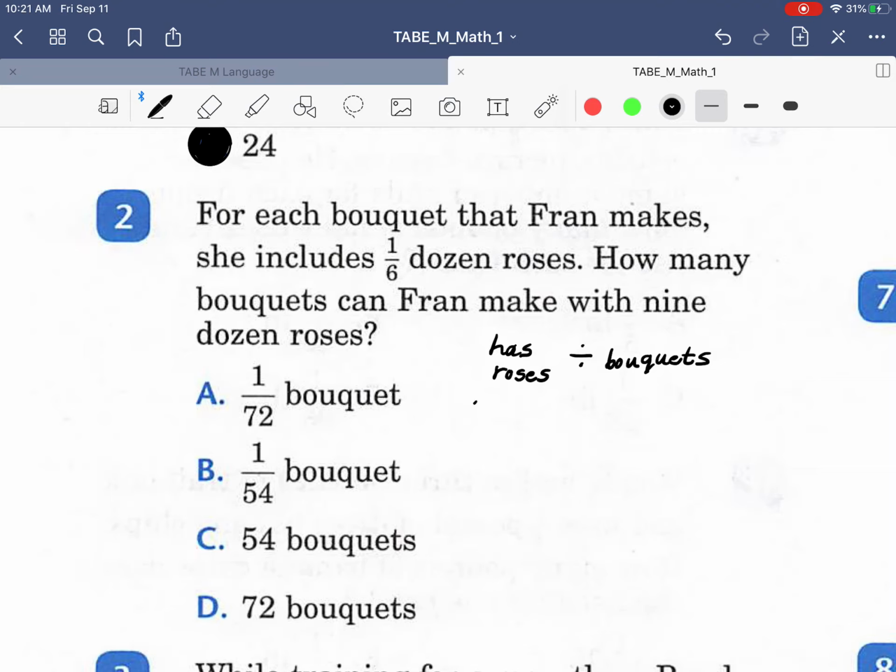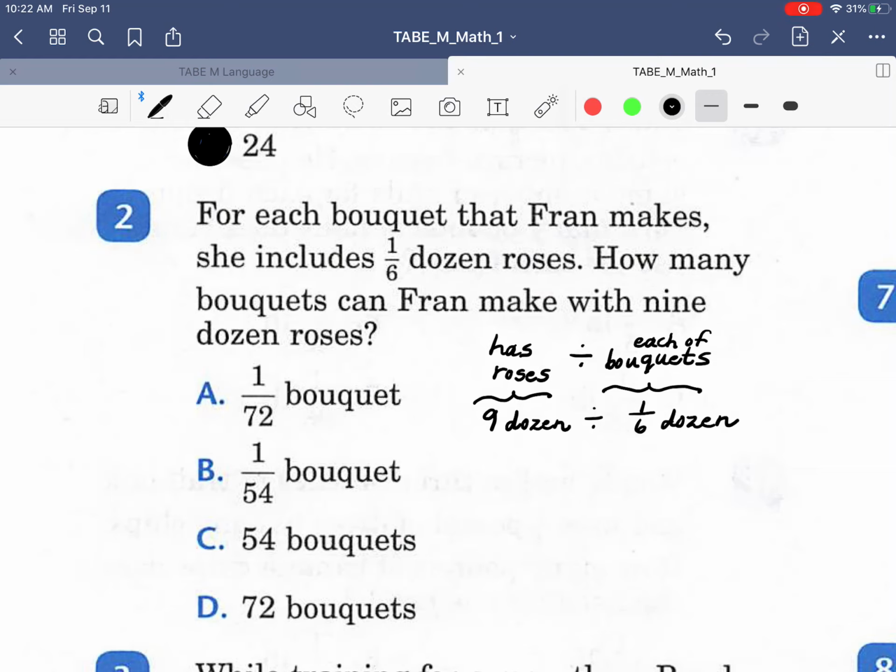So ask yourself, how many roses does she have? Well, she has 9 dozen. And each bouquet is going to have 1/6 of a dozen. And there's your division problem. Now I know at the top of this page it tells me to divide a whole number by a fraction, and that's great. That's a help.